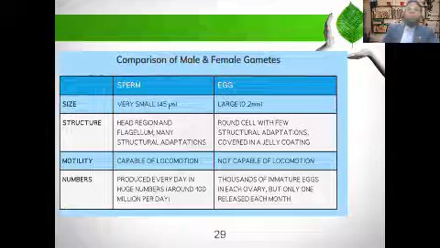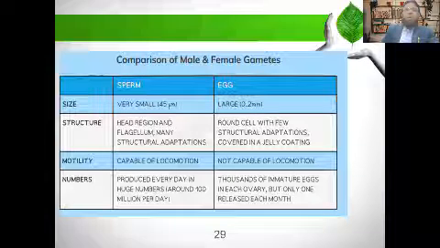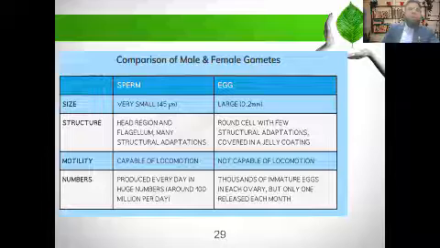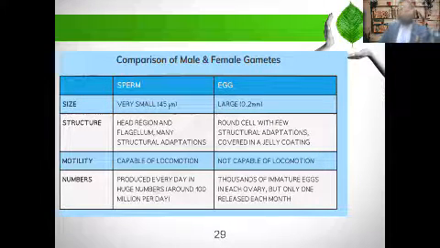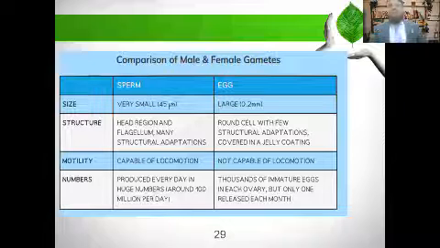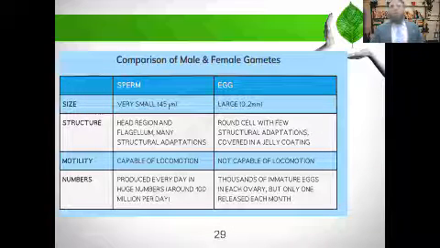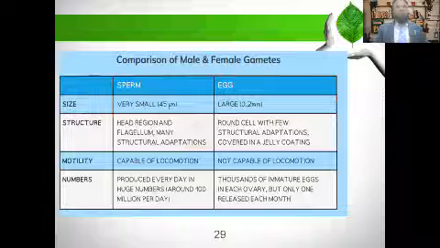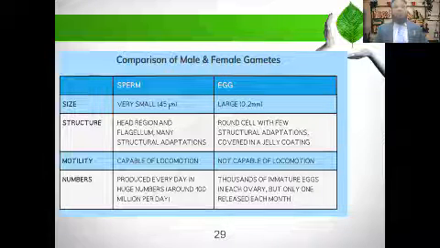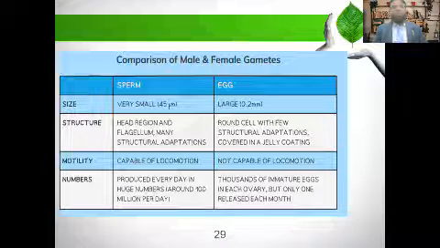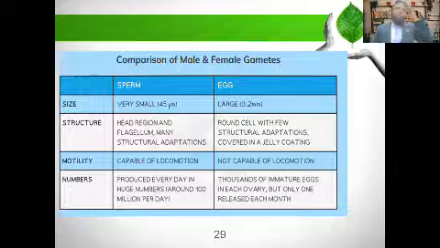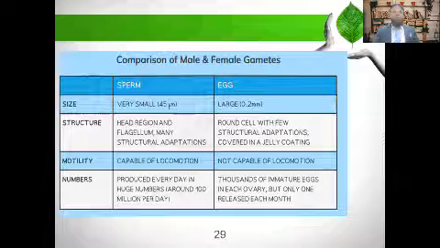But the egg cell is a round cell with few structural adaptations, covered in a jelly coating. Motility, of course, the sperm is motile, that is capable of moving, and the egg cell is not capable of moving. And numbers, of course, in one ejaculation a large number of sperms are released, around 100 million per day. You see, 100 million sperms are produced per day.